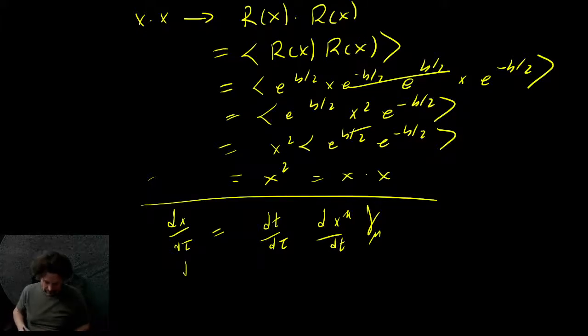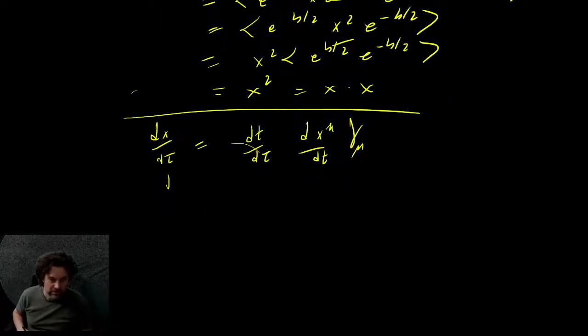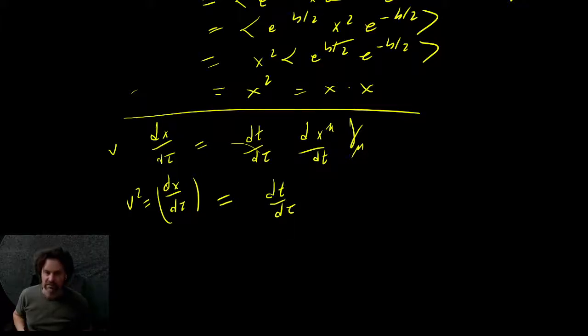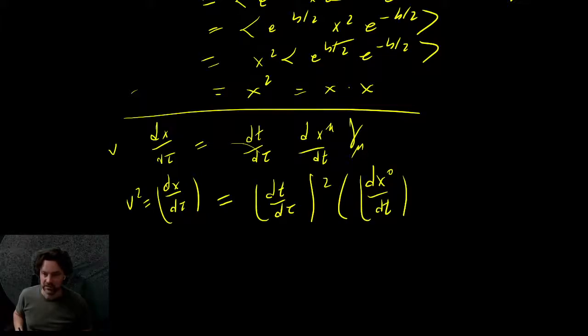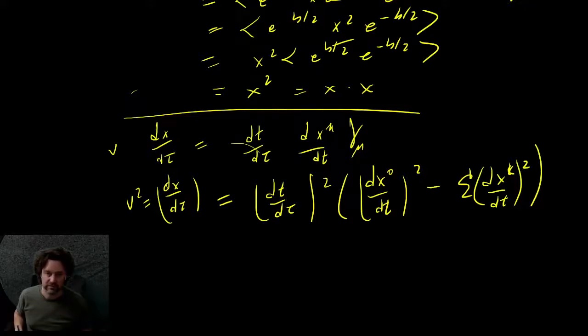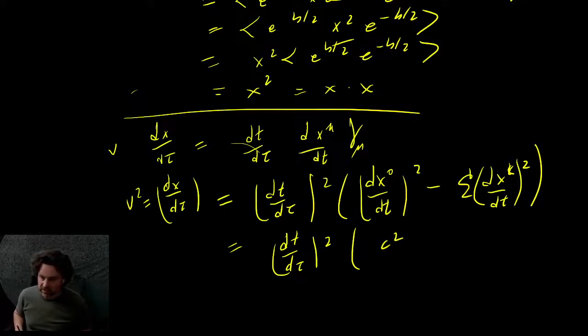So if we square this, we have dx d tau, we'll call this v, so v squared, and in this frame it is going to be dt d tau squared times dx naught dt squared minus the sum of dxk dt squared, which is dt d tau squared times c dt dt, which is c squared, minus our velocity squared.